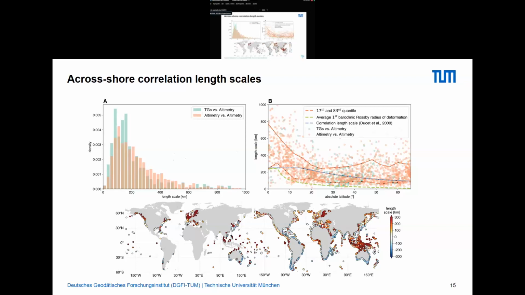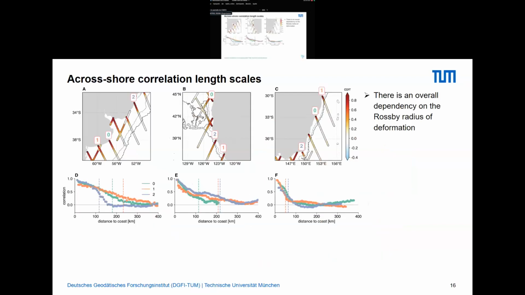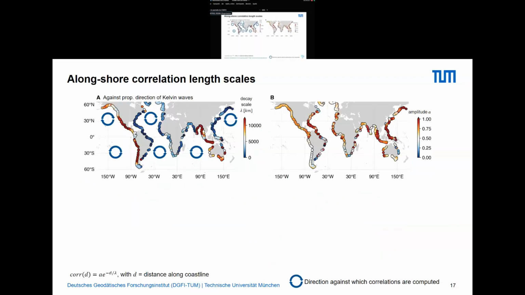Now, on my final slide, I would also like to show the longshore correlation length scales, which are computed in the same kind of way. I skip these single examples here for now. And here you have to choose a direction, along which direction you look at the coastline.